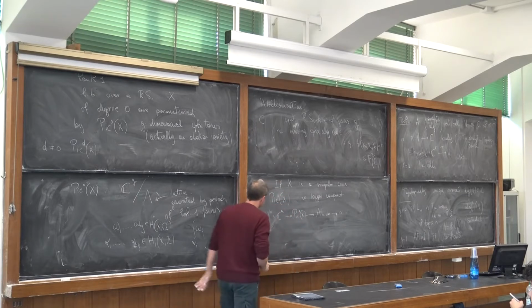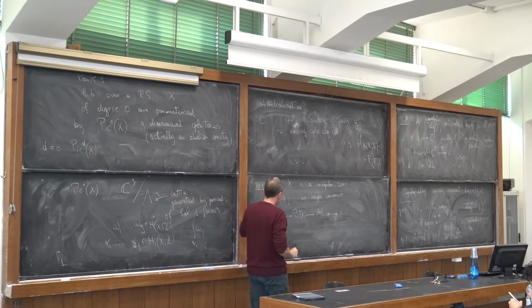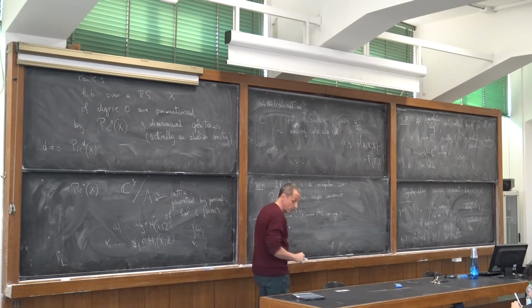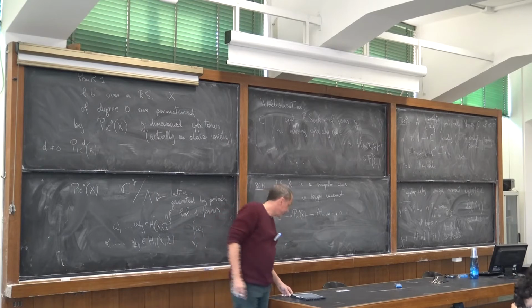Over C, these are the only connected affine commutative algebraic groups.